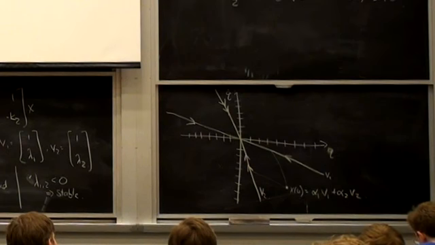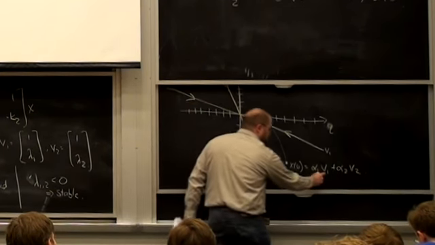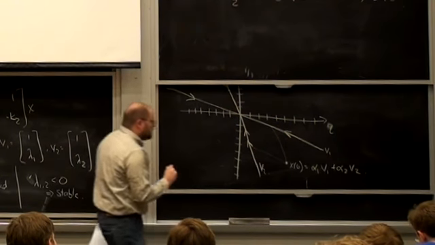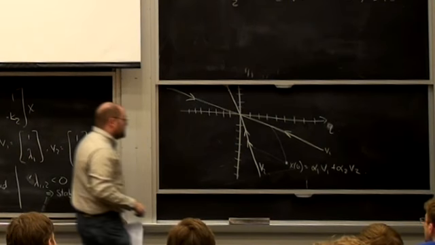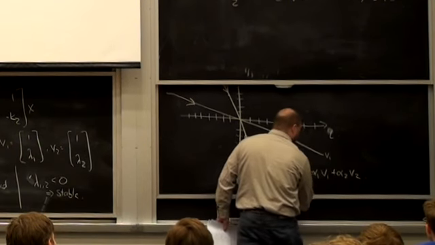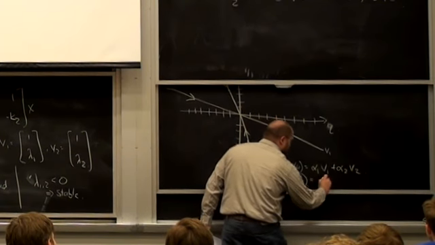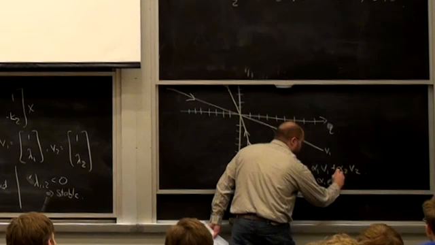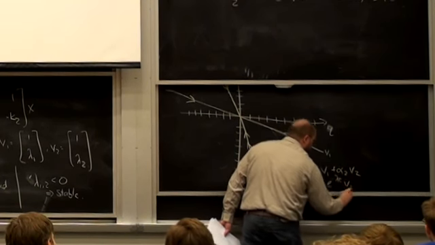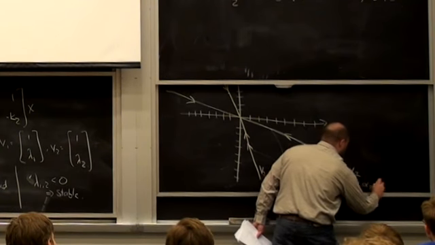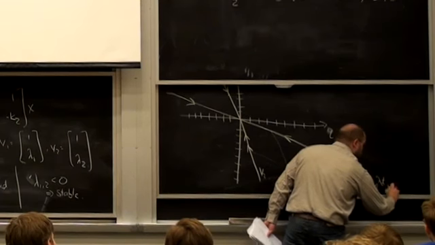We know that initial conditions that are just on the line v1 go like e to the lambda t v1, so the whole system goes like alpha 1 e to the lambda 1 t v1 (we've just got negative eigenvalues) plus alpha 2 e to the lambda 2 t v2.